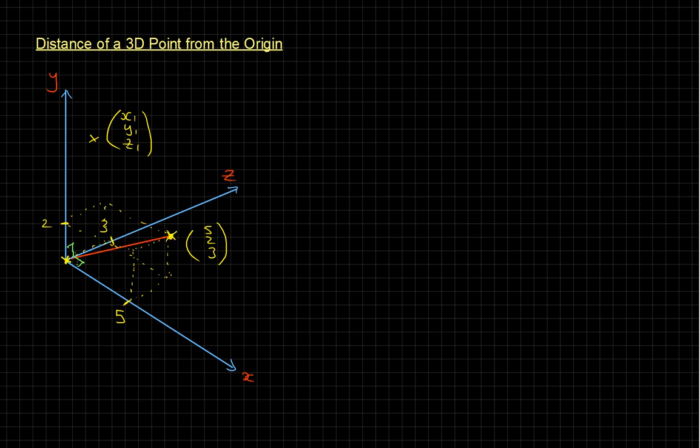It's the longest diagonal of the cuboid. And the question is, what is the length of that? Now, let me not overconfuse you. You can try and derive the formula yourself. But with a bit of Pythagoras, we can end up getting the same method for finding the distance of this point from the origin as for 2D space.